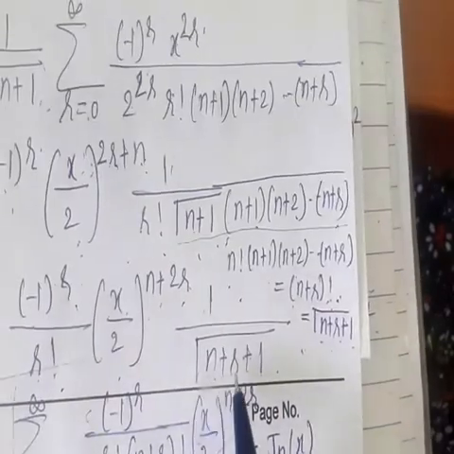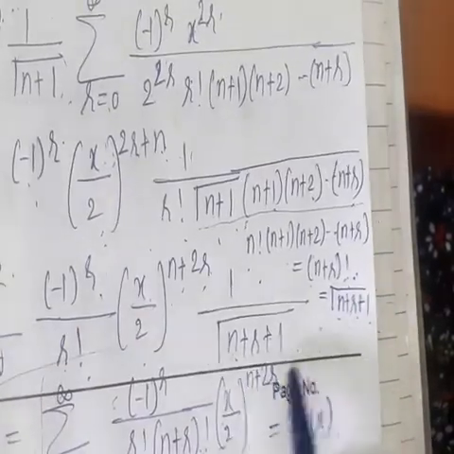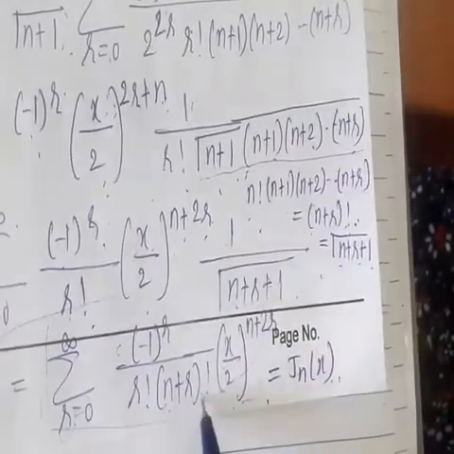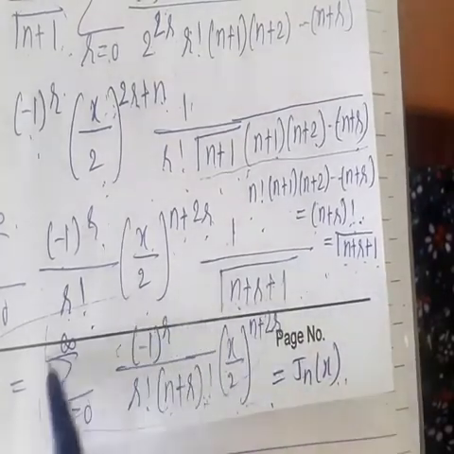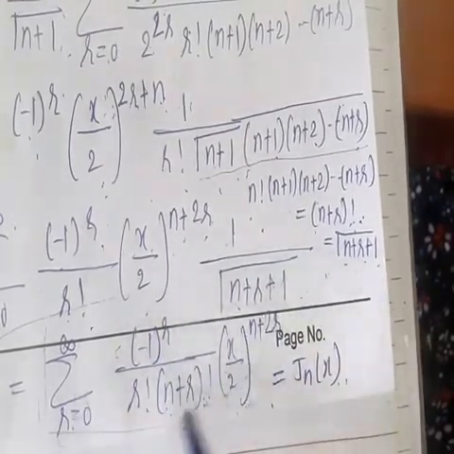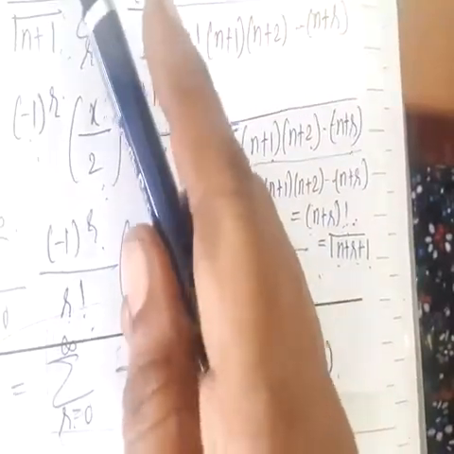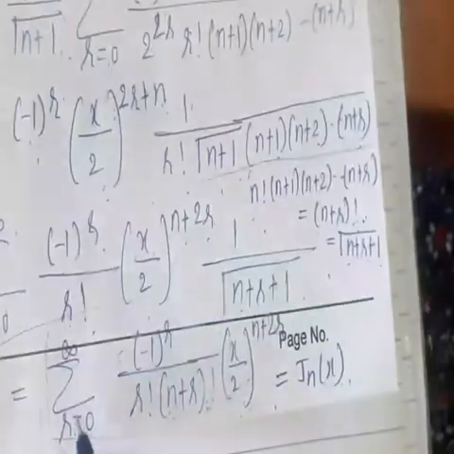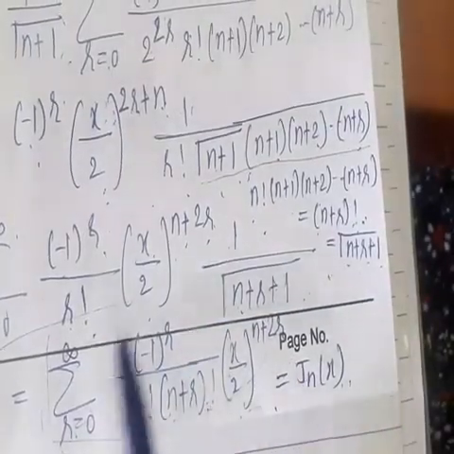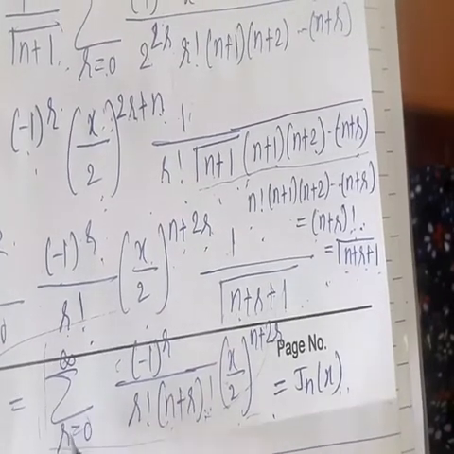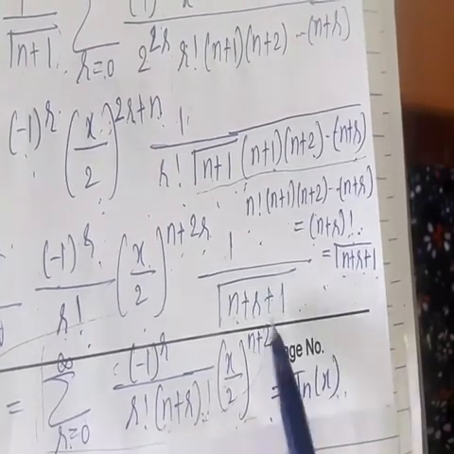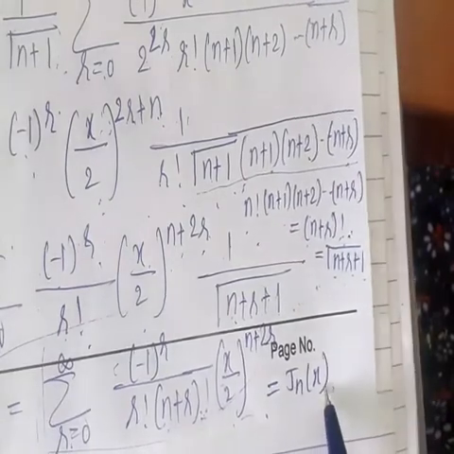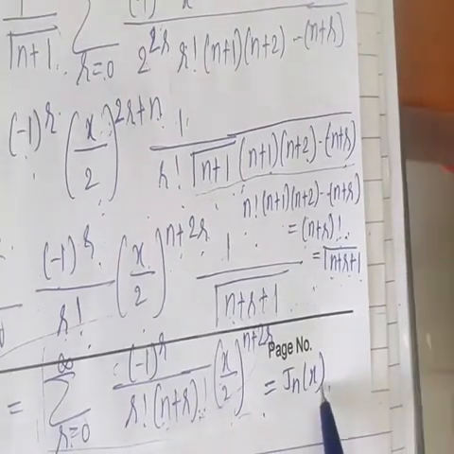So in both ways we have written here gamma of n plus r plus 1 or n plus r factorial. And this particular function, why is it particular? Because we have assumed a0 value, and after substituting a0 value this solution becomes particular. So this particular solution is nothing but the Bessel's function, which is denoted by Jn of x.